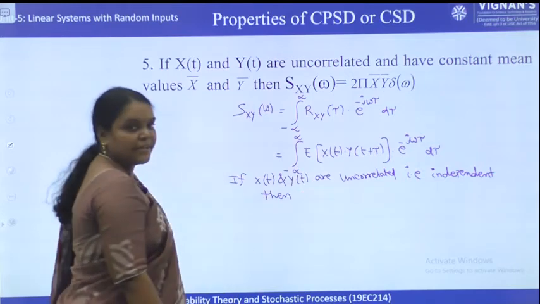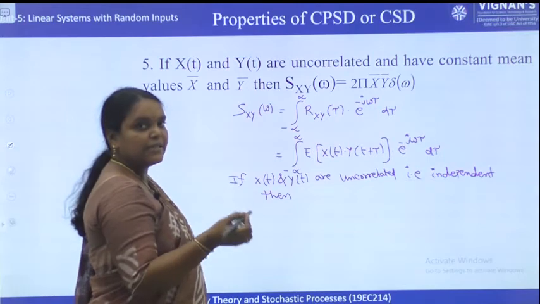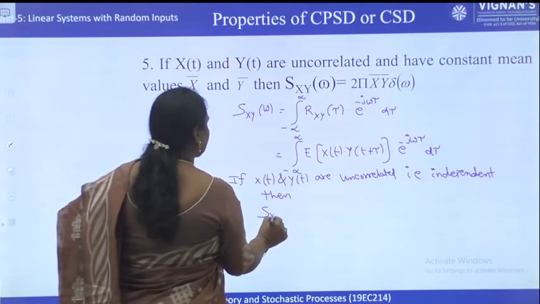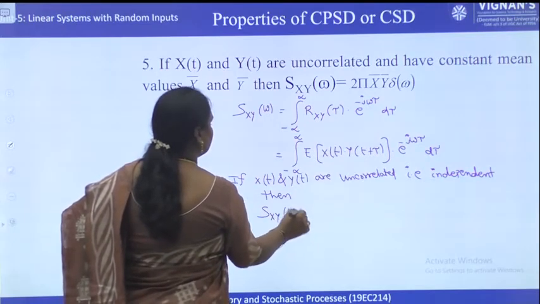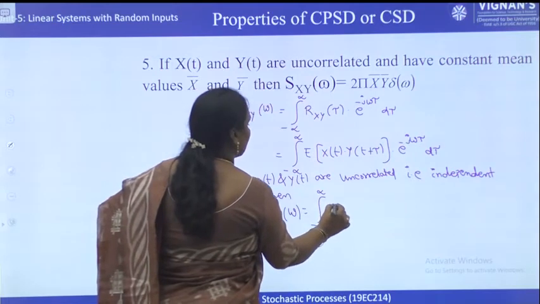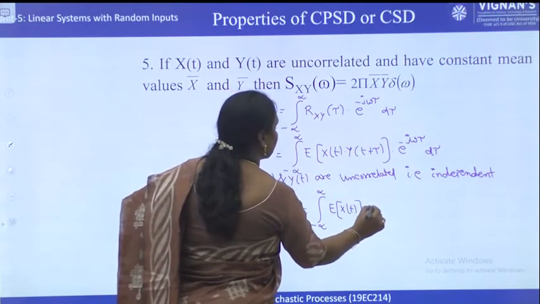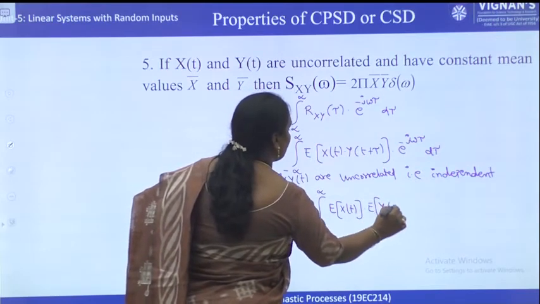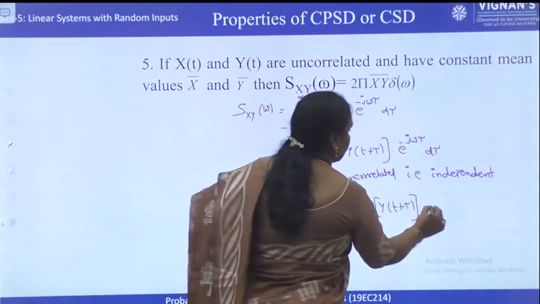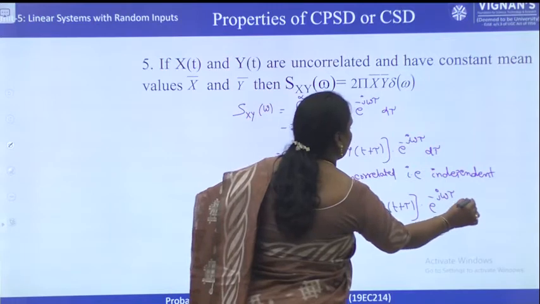Expectation of x of t into y of t plus tau can be written as expectation of x of t into expectation of y of t plus tau. So S xy of omega is equal to integral minus infinity to infinity expectation of x of t into expectation of y of t plus tau e power minus j omega tau d tau.